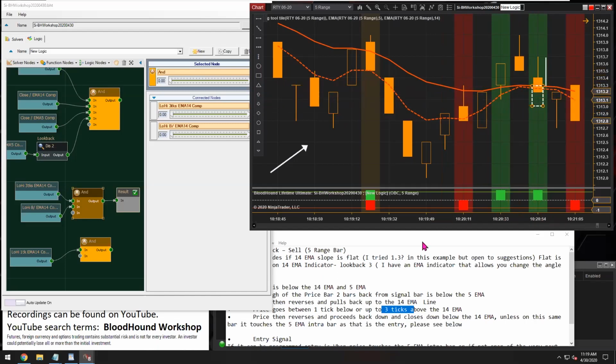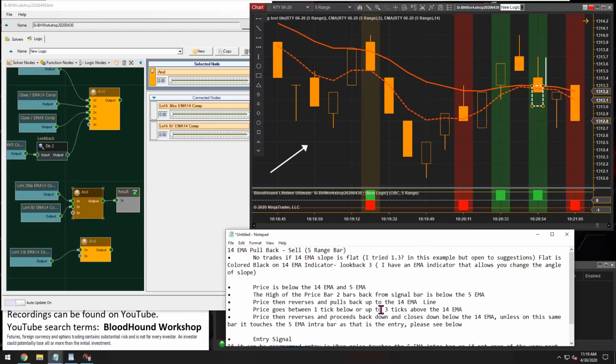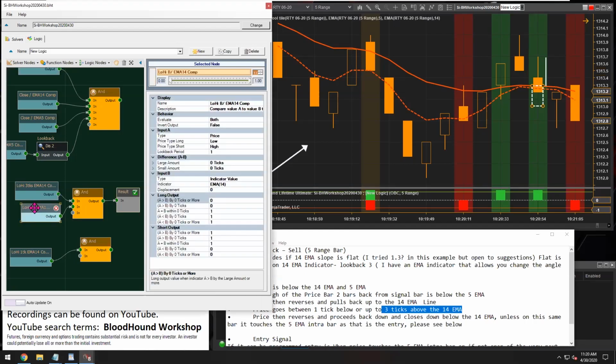So we basically have this condition for a short signal and a long signal at the same time. All solvers are designed to evaluate the long setup and the short setup conditions both at the same time.